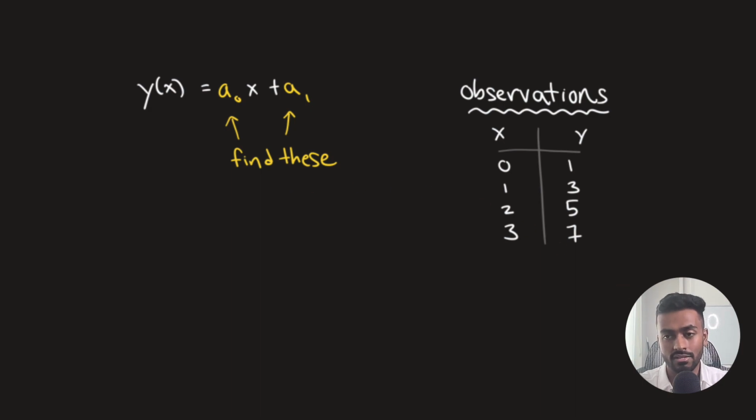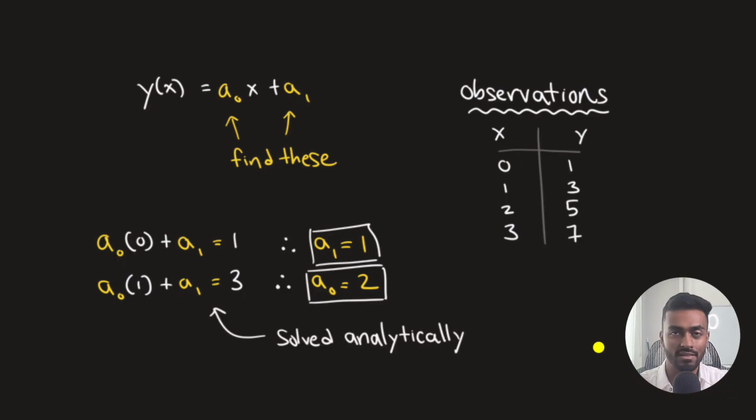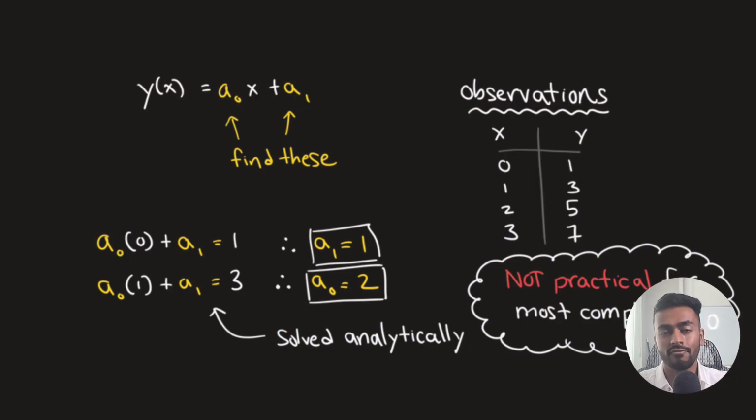How would we do this? Well, there are observations which we can plug into this equation. So there are more equations than unknowns, and we can easily solve for a1 and a0. The methods we use, whether substitution or elimination, are analytical methods. Unfortunately, analytical methods are not very practical for more complex cases.